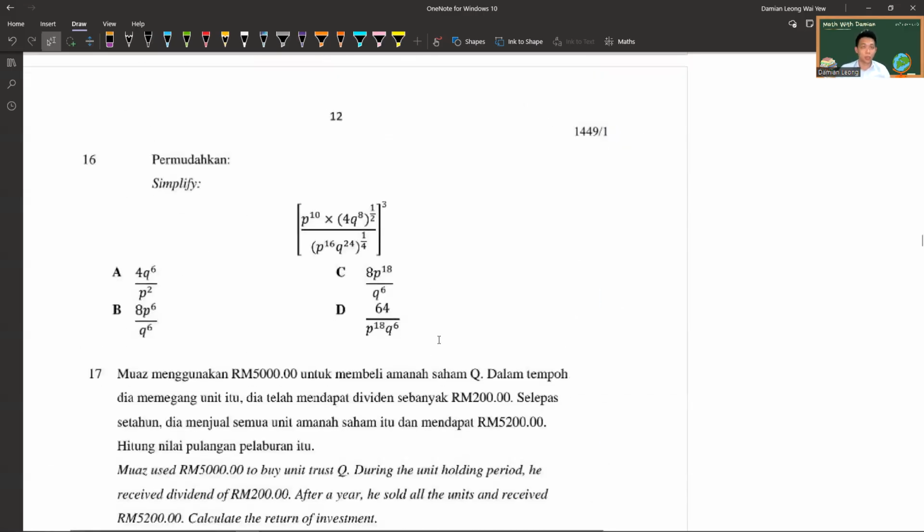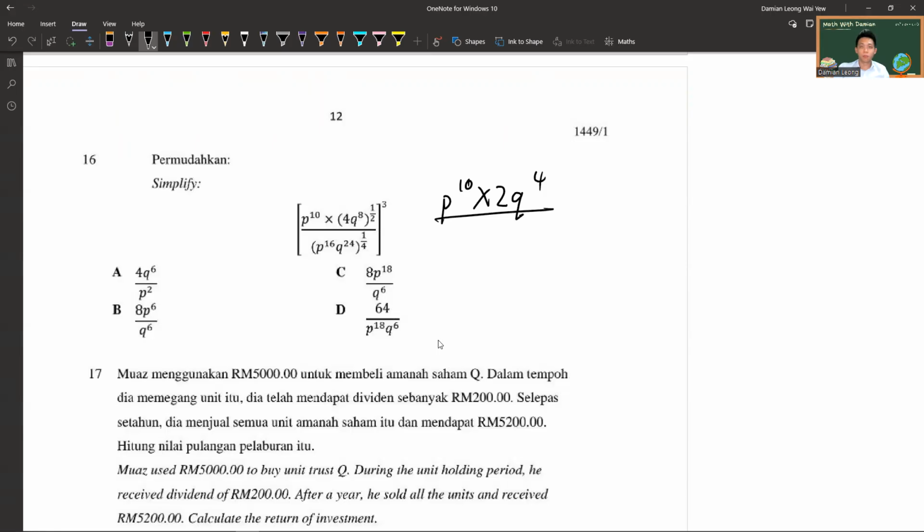Then question 16. Simplify this: p to the power 10 times 4q to the power 8, bracket power half, over this power 1/4. So expand the brackets inside first. P to the power 10 times 4 to the power half is 2. Q power 8 power half, power on top of power, multiply: 8 times half is 4.